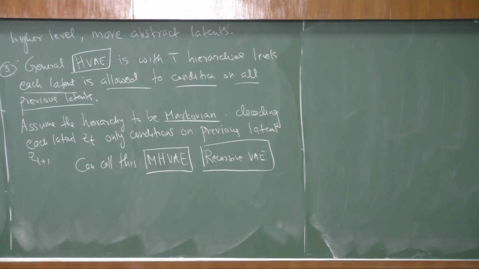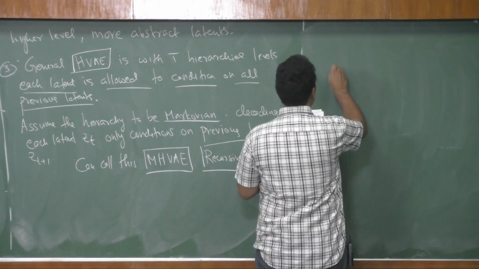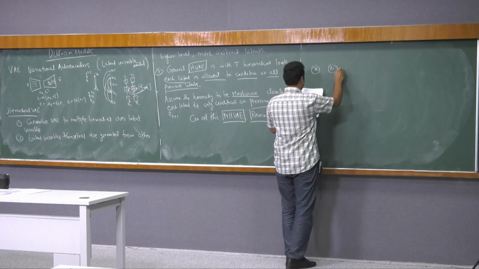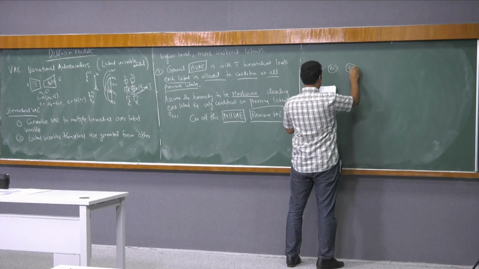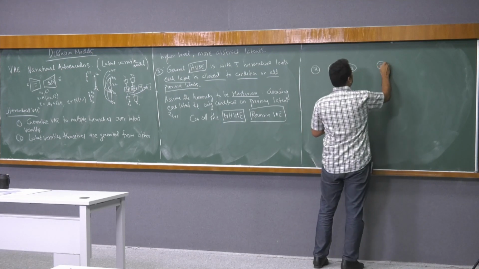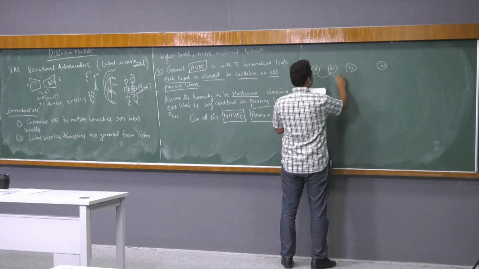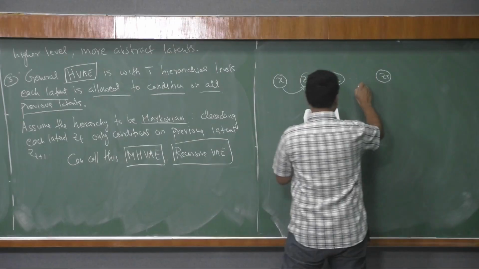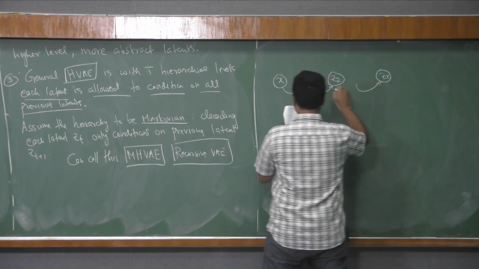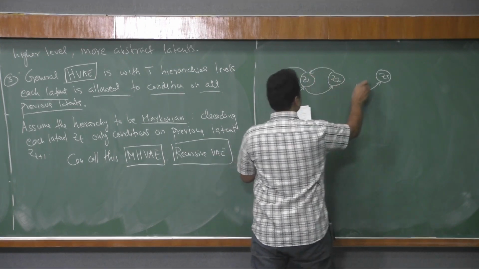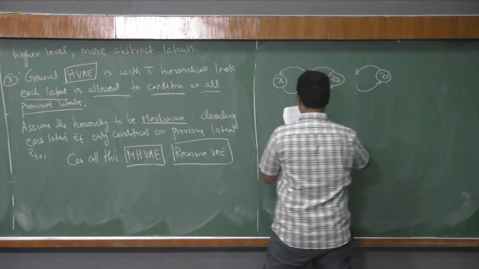So we can make a proper diagram here. So let me do this diagram here. X, Z1, Z2, and Z_T, and this goes like this, this goes like this, and this goes like this, just like this.